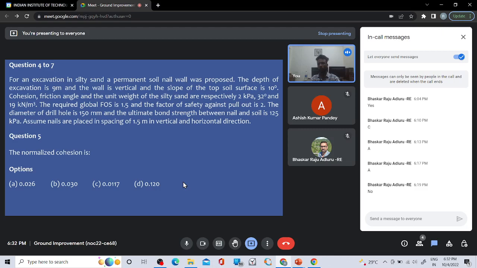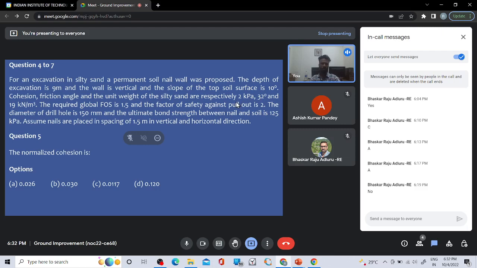So we have calculated the normalized pull-out resistance in the previous question. Here we are going to calculate the normalized cohesion available with us. The given cohesion is 2 kPa, and you need to normalize it.